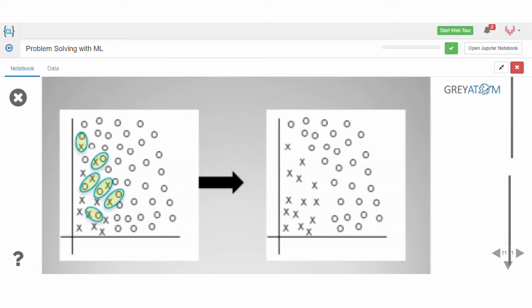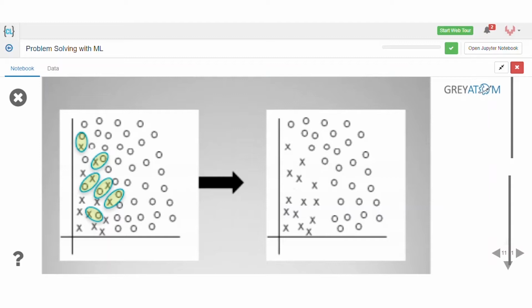What you're doing here is, for every positive or minority class instance, checking which negative, majority class instance is nearest to it, which is very similar to it, and then just removing those majority instances. By doing that, you have made the decision boundary, the separation between the positive and negative examples, very clear, right?